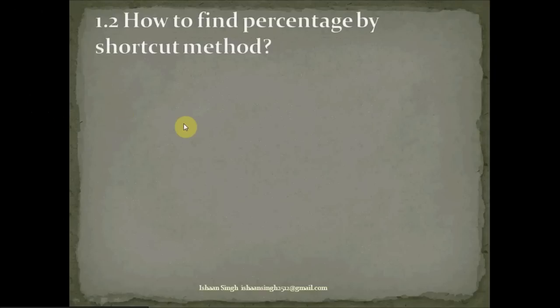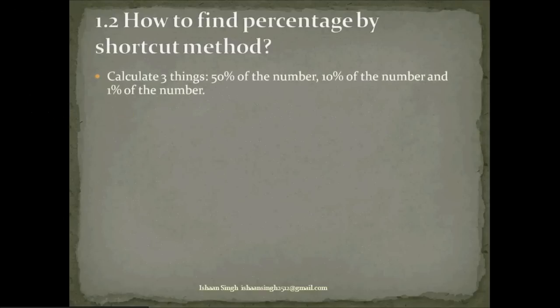So how to find percentage by the shortcut method? First of all, whatever the question is, you have to calculate three things. First, calculate 50% of the number, then calculate 10% of the number, and then calculate 1% of the number. If you know how to calculate these three things, you will be able to calculate any percentage.